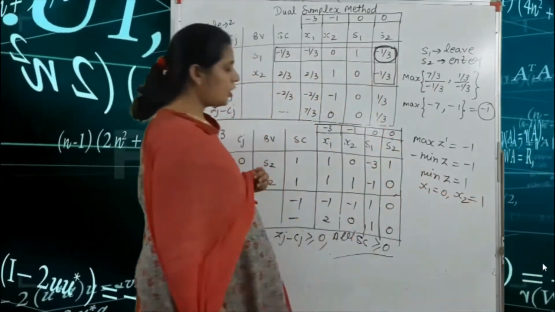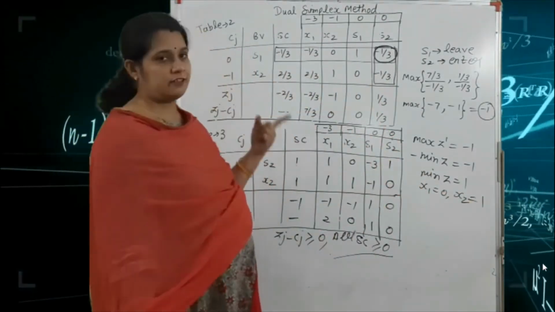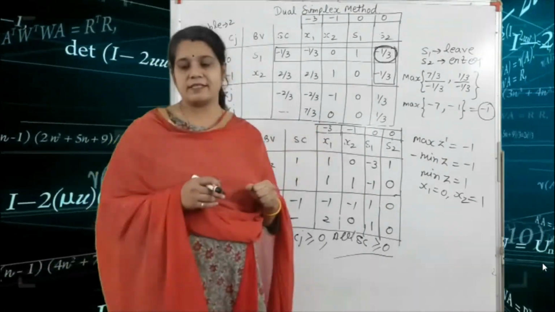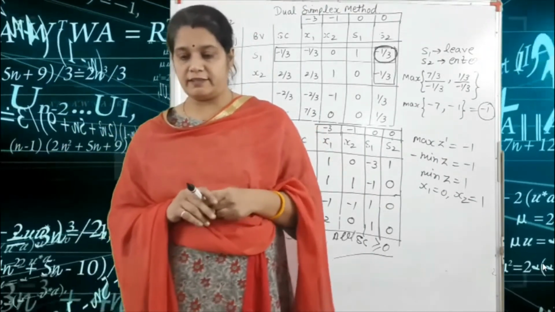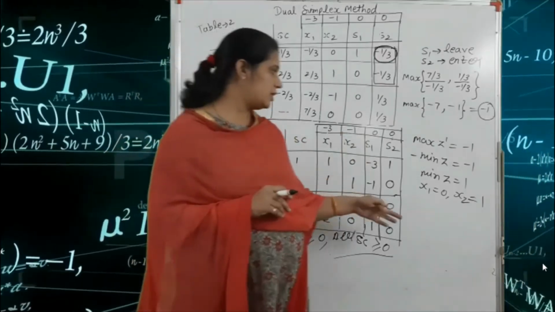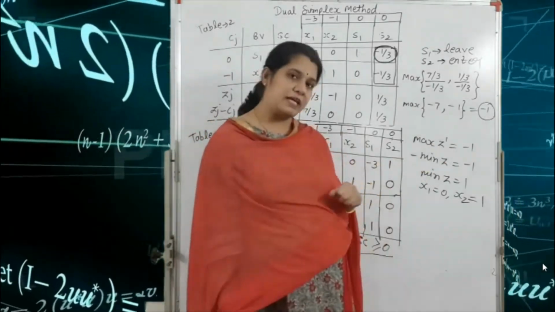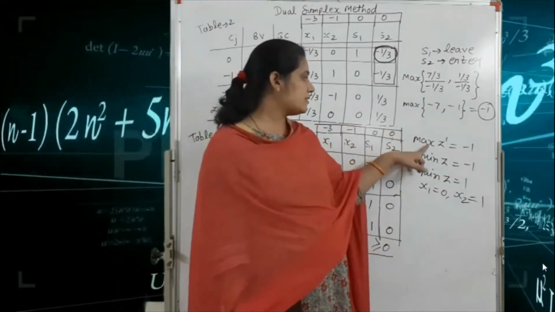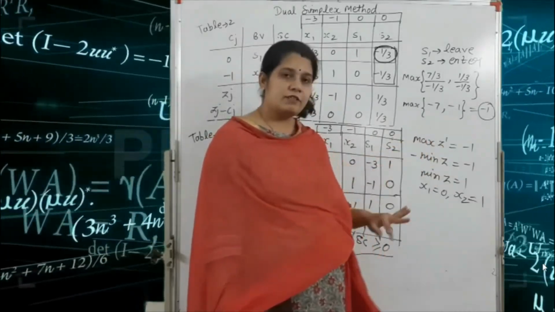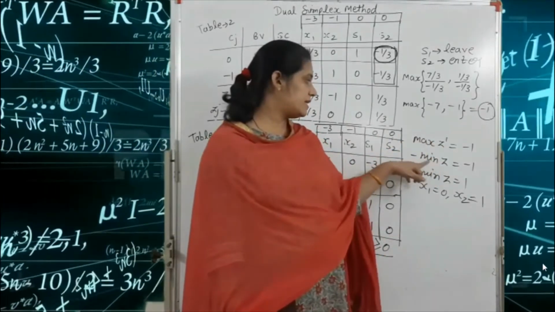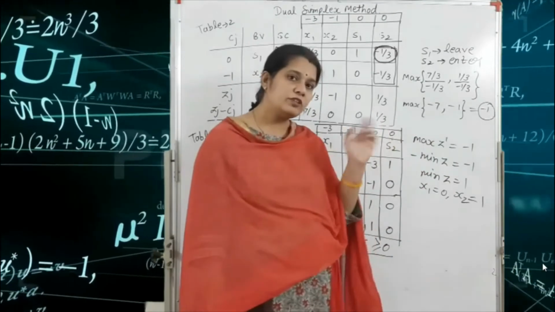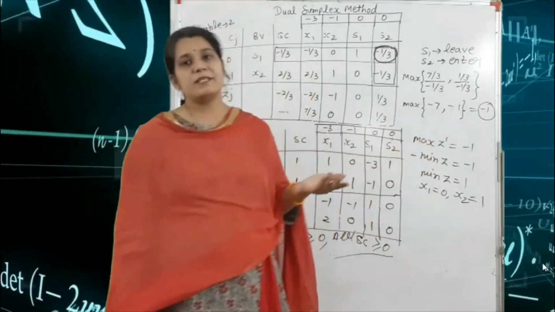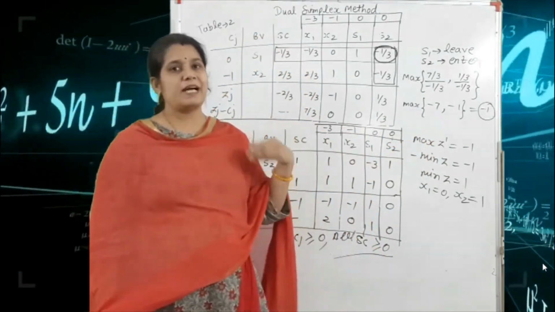Okay, so you put all these values in your question, so you get minimize z is equal to 1. That means minimize z is equal to 1, maximize z dash is equal to minus 1, and we consider minus minimize z is equal to minus 1 because of minimize z. You take the minus sign on both sides. So this minus minimize z we write here as maximize z dash.